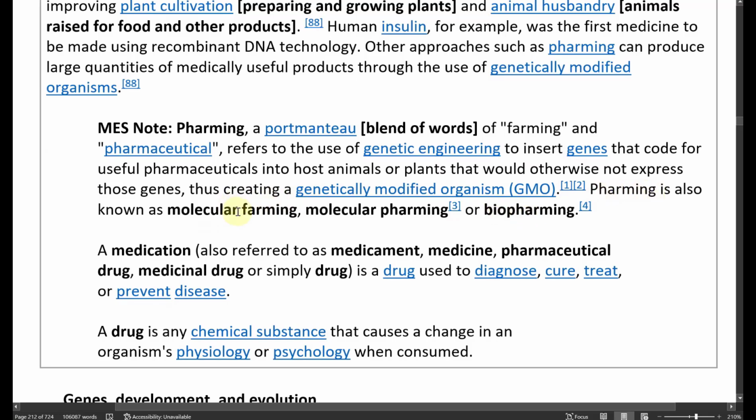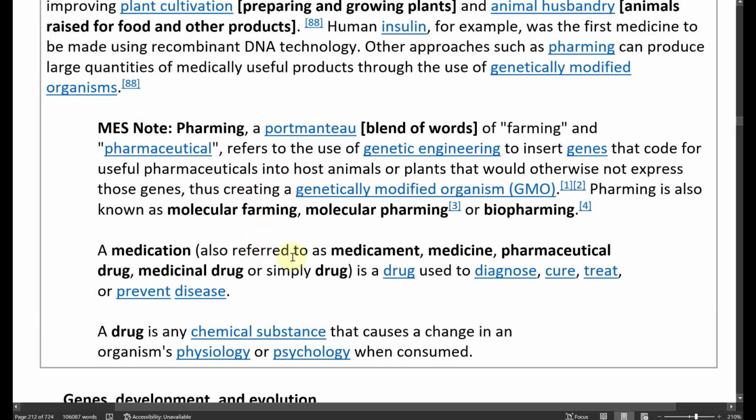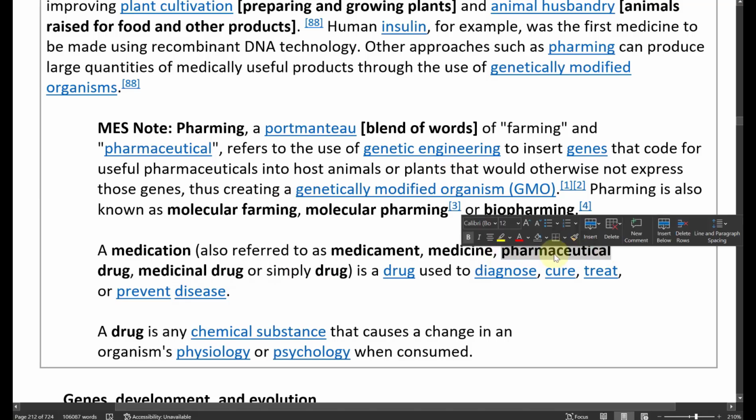Pharming is also known as molecular farming, or biofarming, again with a PH. And a medication, referred to as pharmaceutical, is also called a medicament, medicine, pharmaceutical drug, medicinal drug, or simply drug, basically different variations of the same word.